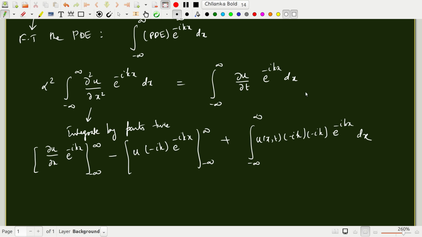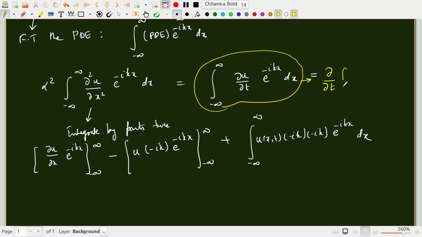Okay, the right side, you can pull out partial t because the integral is only over x.